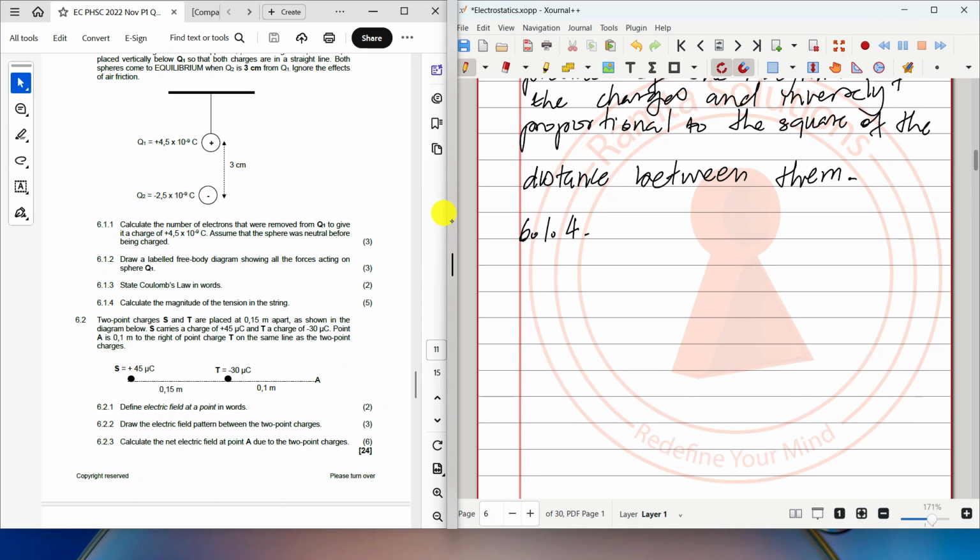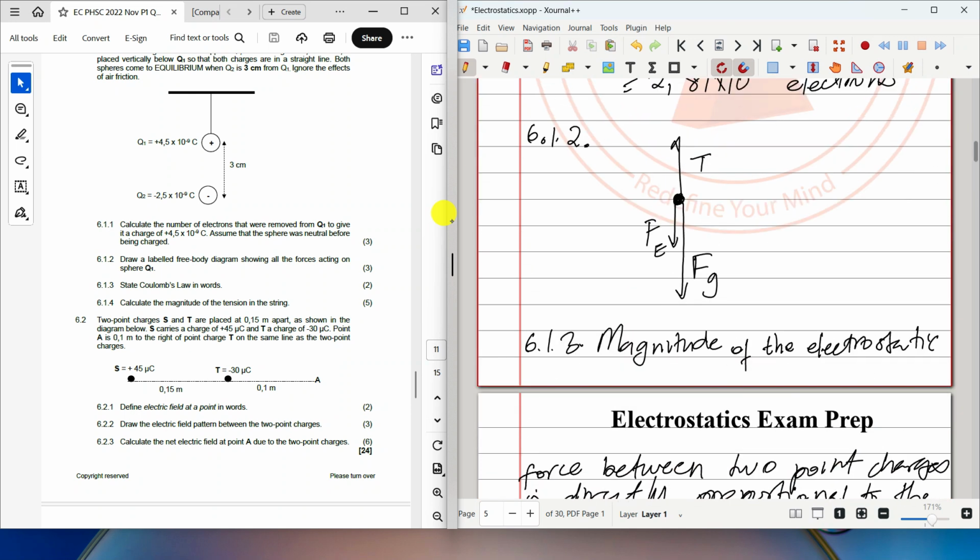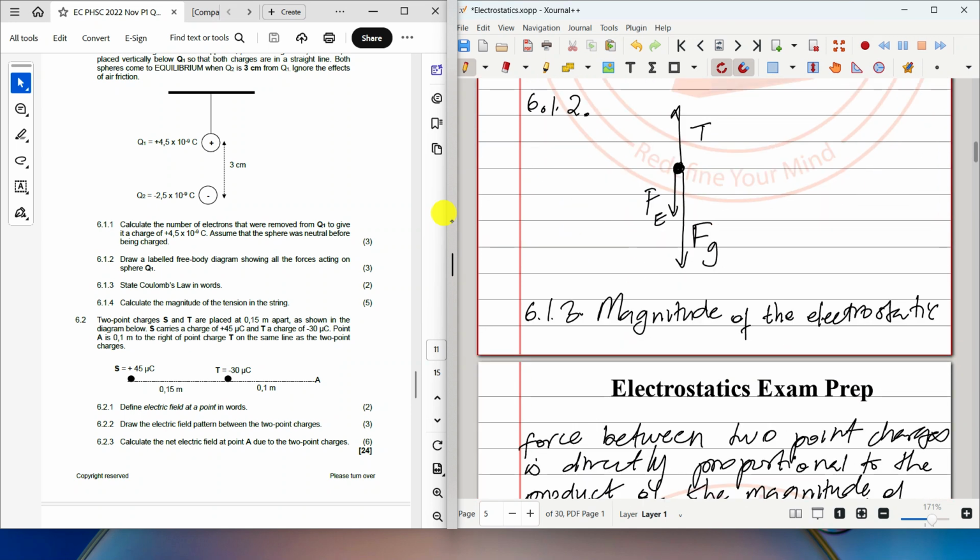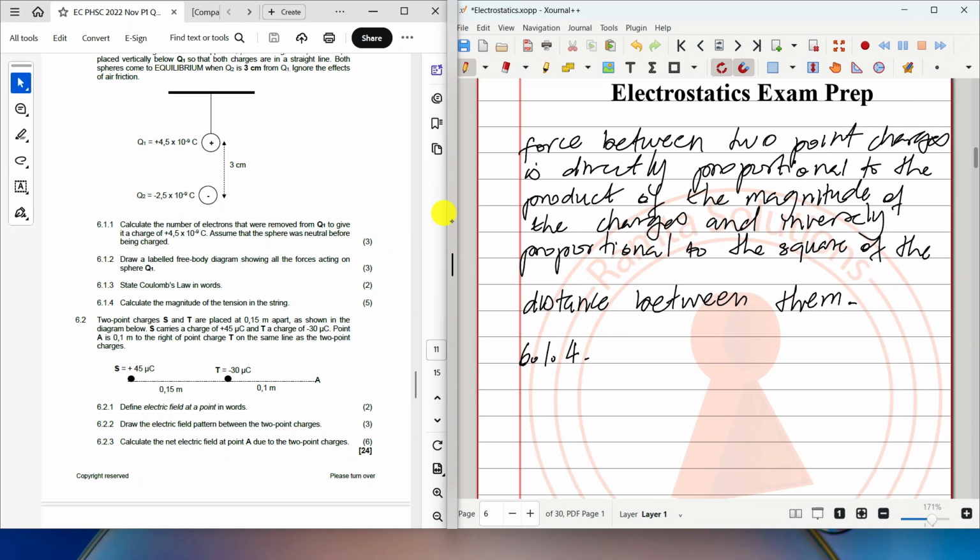For example, remember in your free body diagram, you had electrostatic force, so you might need to calculate electrostatic force separately or in one equation. It's totally up to you. But let's just do it in one line.